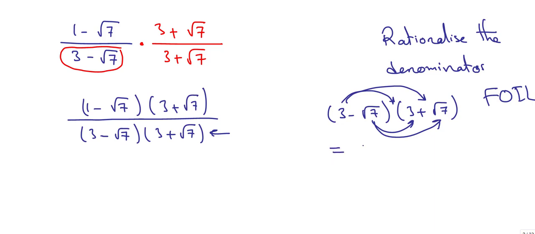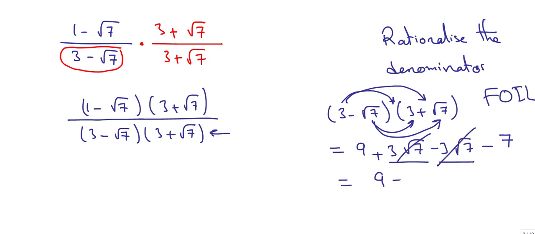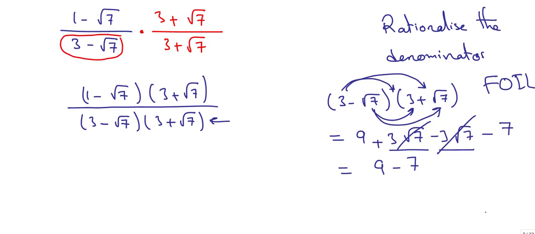So this will be 9, 3 times 3, then 3 times the radical, plus 3 square root 7, then the radical times 3, so minus 3 square root 7, and then radical times radical. When you multiply a radical by itself, it cancels out. When I multiply square root 7 times square root 7, the root goes away, just 7. Here we have 3 square root 7 and negative 3 square root 7, so we cancel them out. So the answer will be 9 minus 7. This is the usual way.